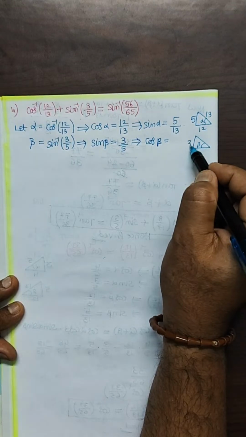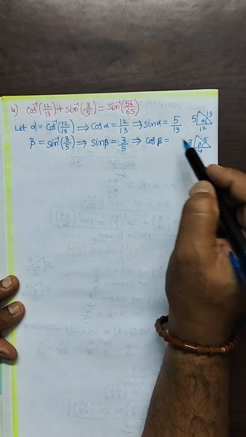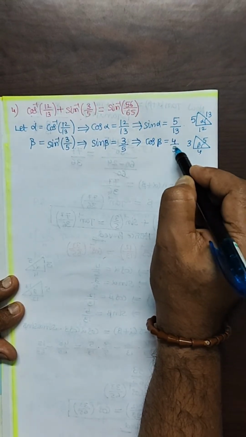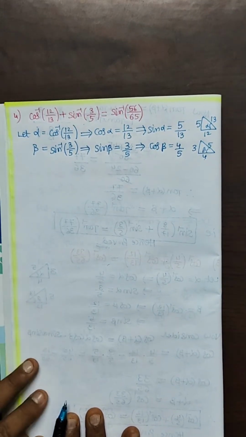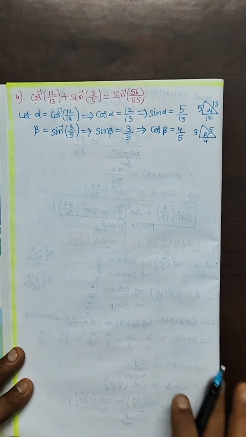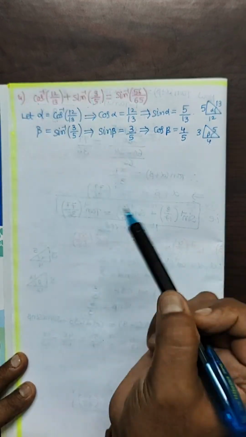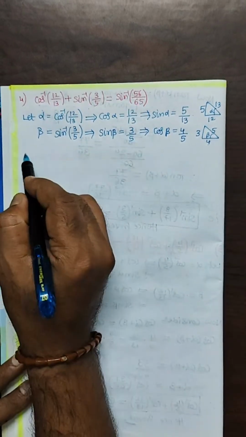Sin definition is 3 by 5 opposite by hypotenuse. So obviously here 4. So cos definition is adjacent side by hypotenuse, 4 by 5. So now what we have to do is alpha plus beta is equal to sin inverse of something is there. So sin will bring this side.